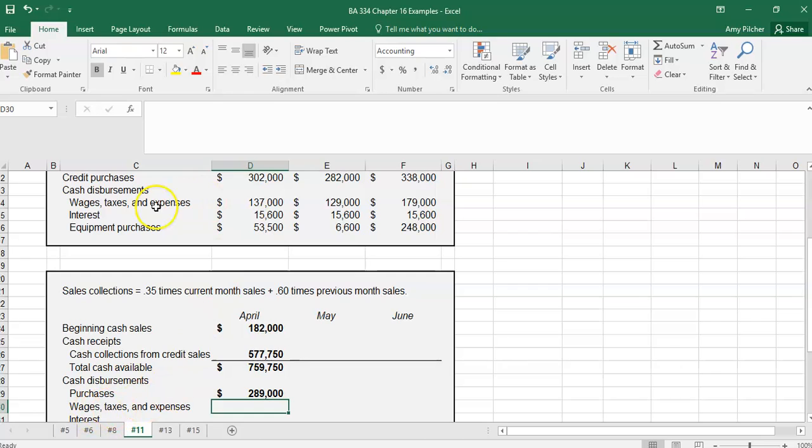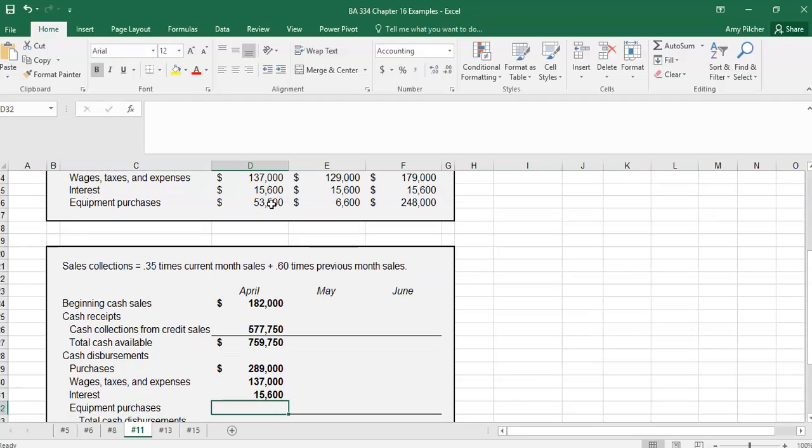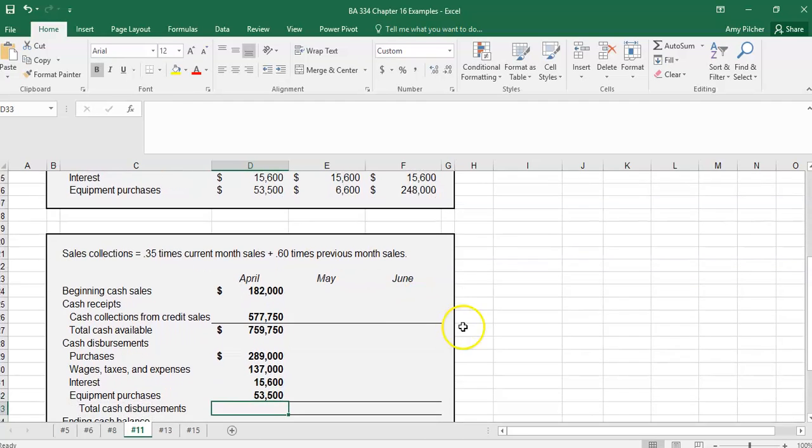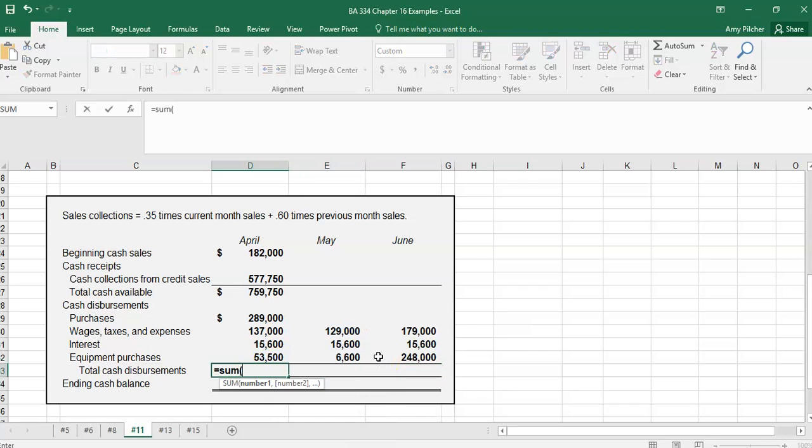Then we have wages, tax, and interest, and equipment, and those come from our table, and we can copy those across, pulling down from the table. So our total cash out is those added together. We can copy that formula across.